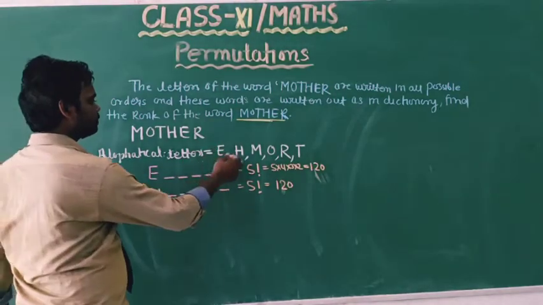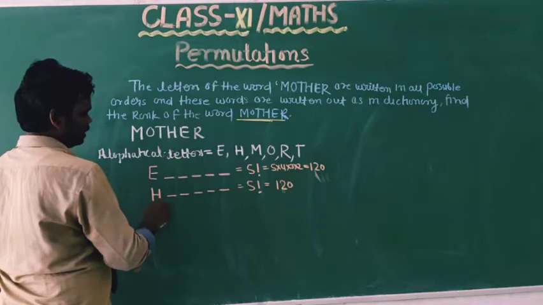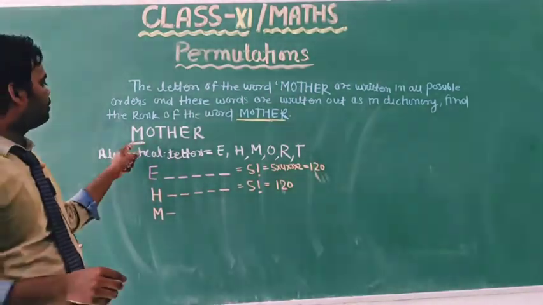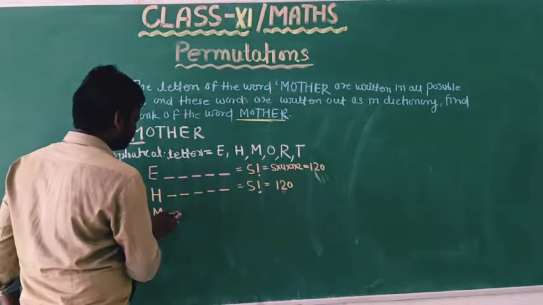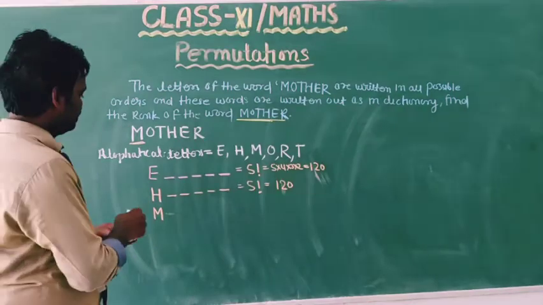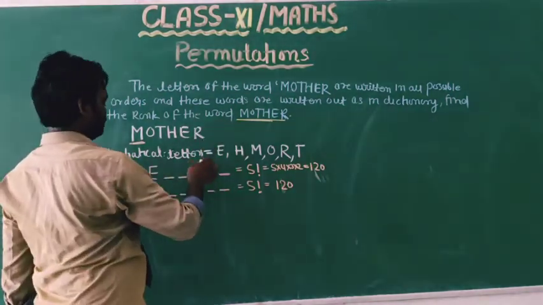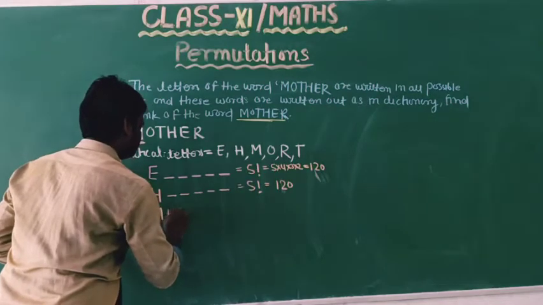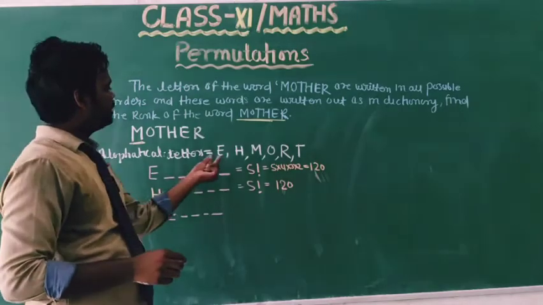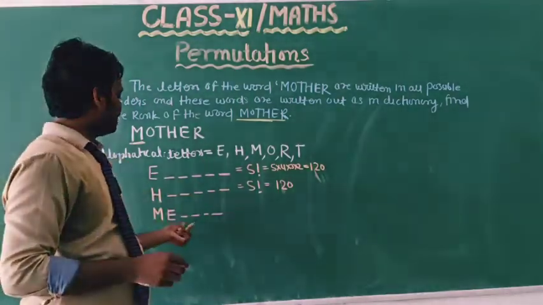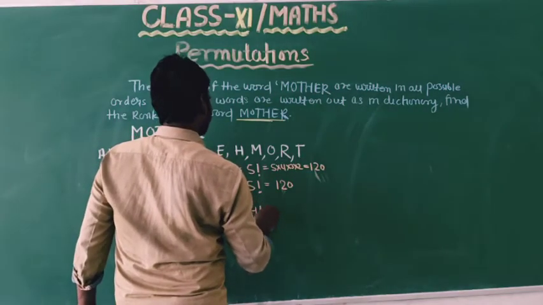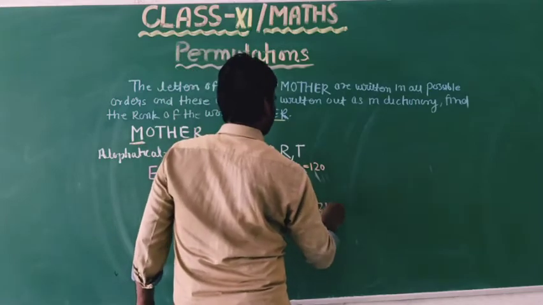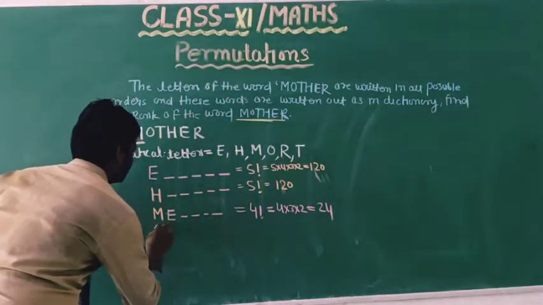Okay, and after H comes M. M is a letter in the word MOTHER, so we fix M. After fixing M, the first letter that comes is E, so we write M E, and 4 letters remain. These 4 letters are arranged in 4 factorial ways, which is 4 into 3 into 2, which is 24.